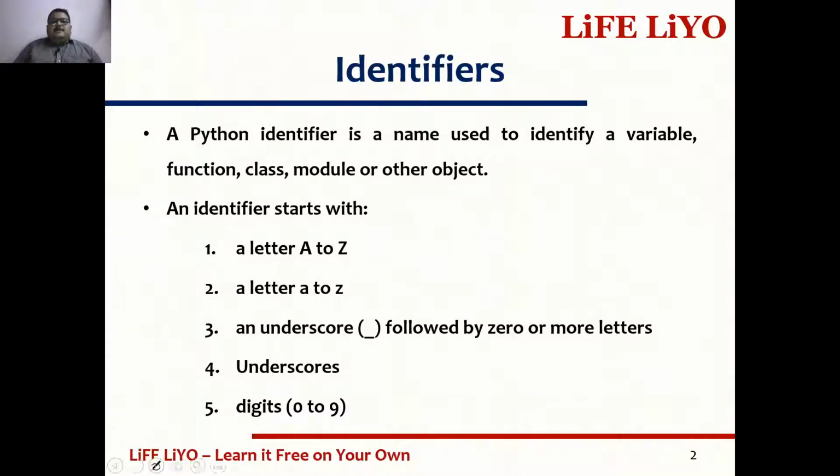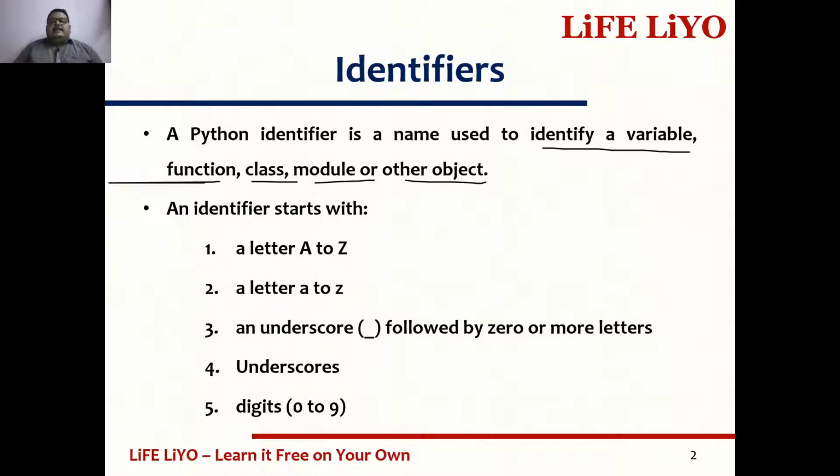So a Python identifier is a name used to identify any variable, function, class, module or any other object. This identifier follows some rules.